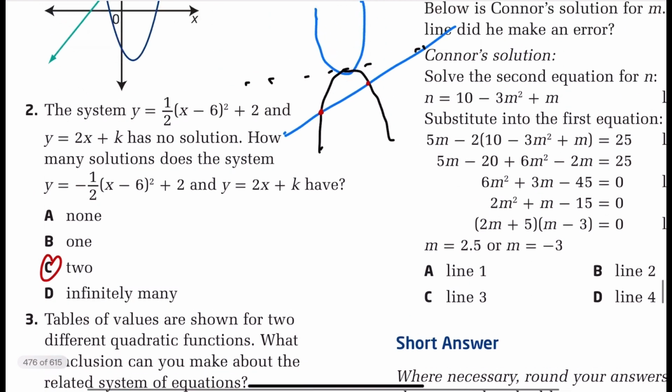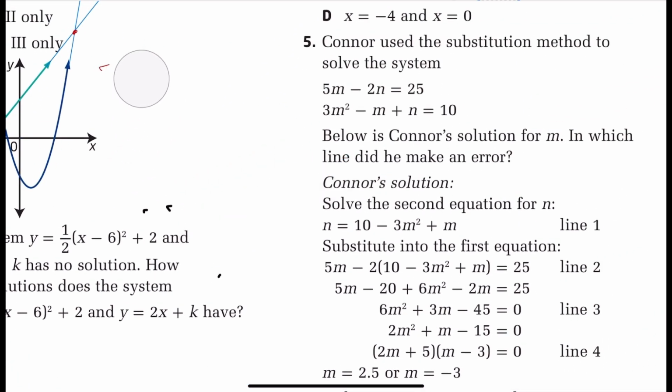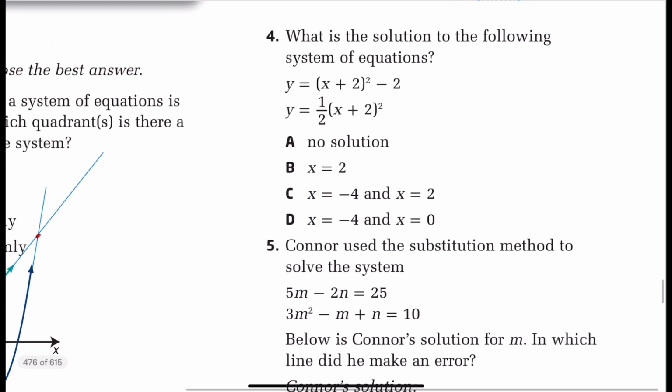Number 4, which is here. What is the solution of the following system of equations? To solve this, you can graph both of them in your calculator and see how they look.